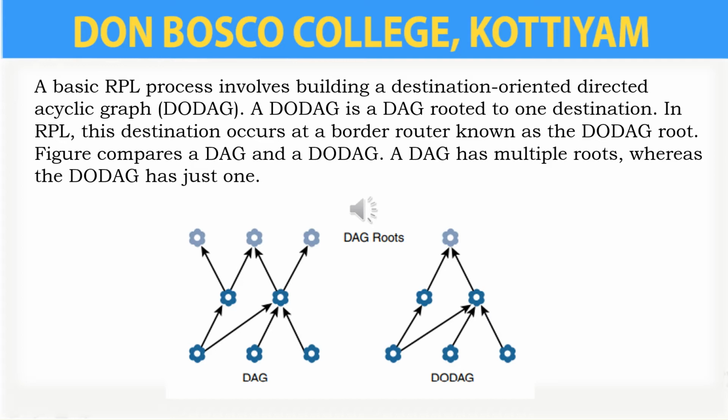A DODAG is a DAG rooted at one destination, and in RPL, this destination occurs at a border router known as the DODAG root. We can see two figures comparing the DAG and DODAG. A DAG has multiple roots and a DODAG has only one root.